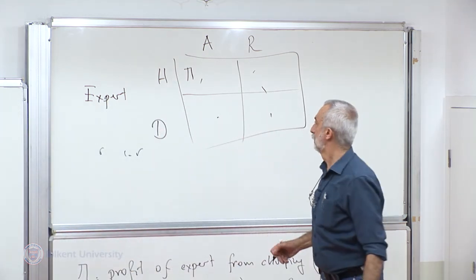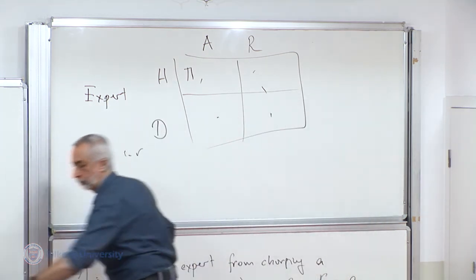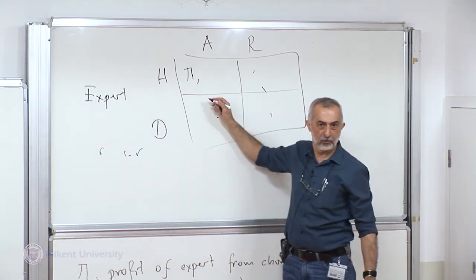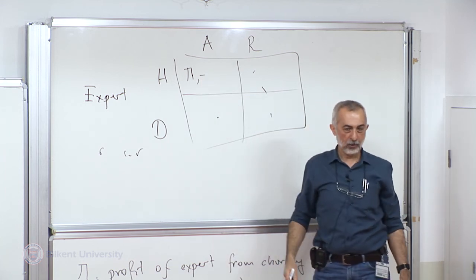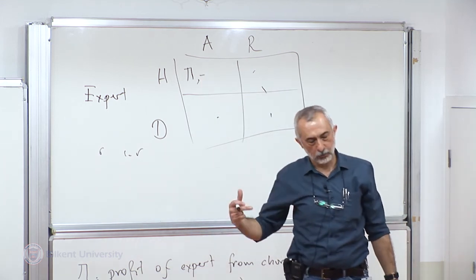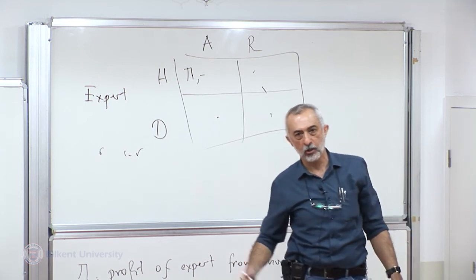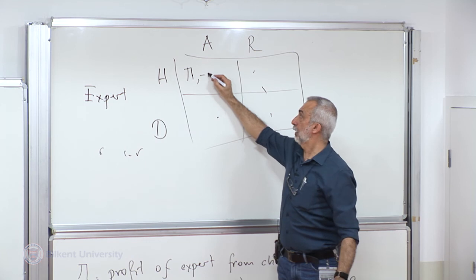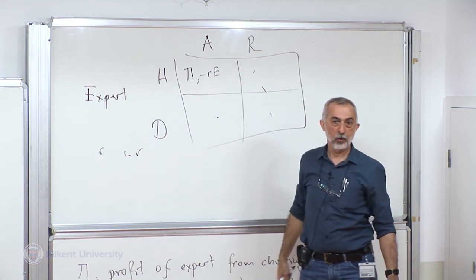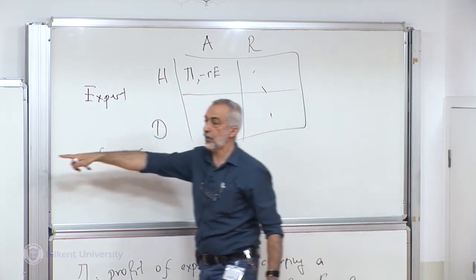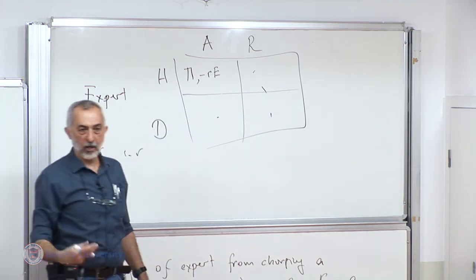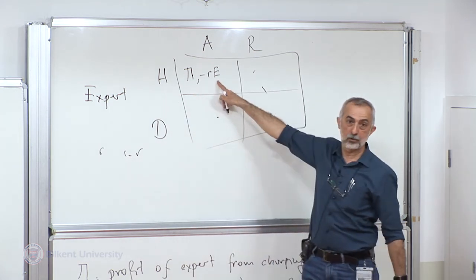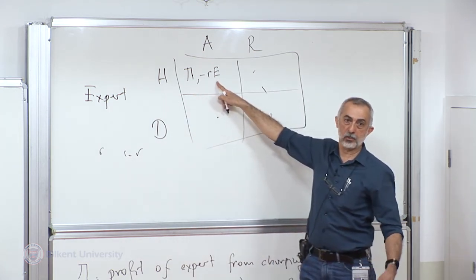Because they're all costs, we have the minus. The consumer prefers a lower cost to a higher cost. That's why your friend put the minus, I guess. Minus rE. So with r probability, your computer will have a major problem. Because the expert is honest, he's going to charge E liras on it.